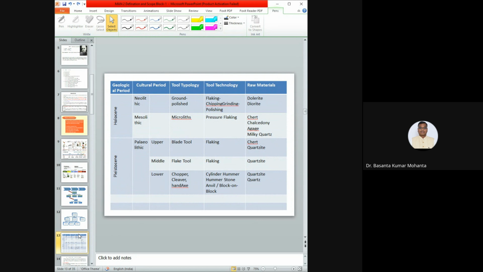Even if some cultural characteristic features continue from one stage to another, they do have some kind of variation from one to another.